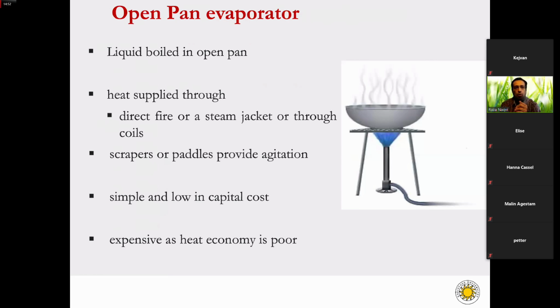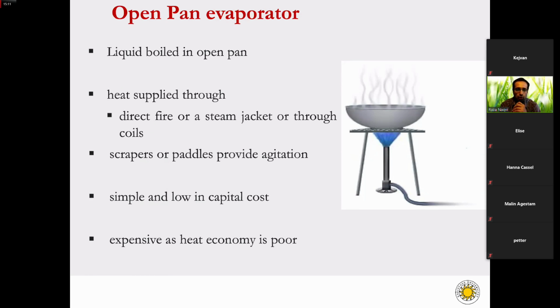So start with open pan evaporators. These are of very simple construction. You have an open pan and you fill it with the solution, and then you just heat it up, and you let the water evaporate as steam, and then you concentrate the solution.